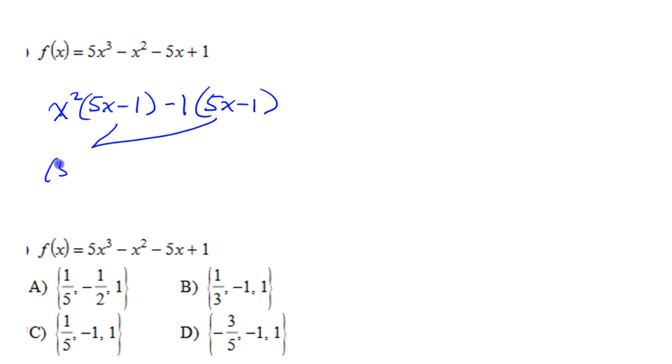So I will pull my 5x minus 1 out front as a common factor. That's going to leave behind the x squared and the minus 1. Now, x squared minus 1 factors further because that is the difference of two squares. So that is x plus 1, x minus 1.